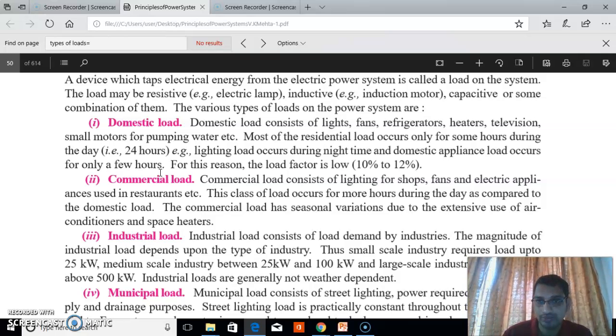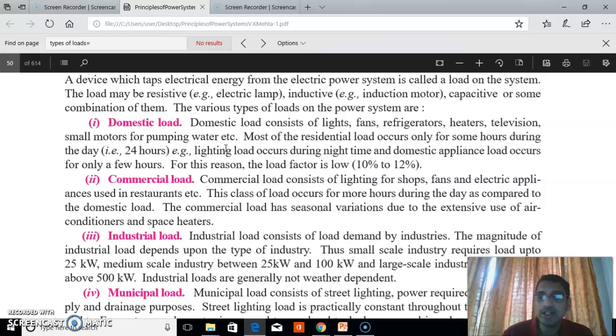In the operation of domestic load, most of the loads are on only for some hours during the day. For example, your television set works only 3 to 4 hours, maximum, in a single day. That's why most residential loads only work for a small duration in a day.